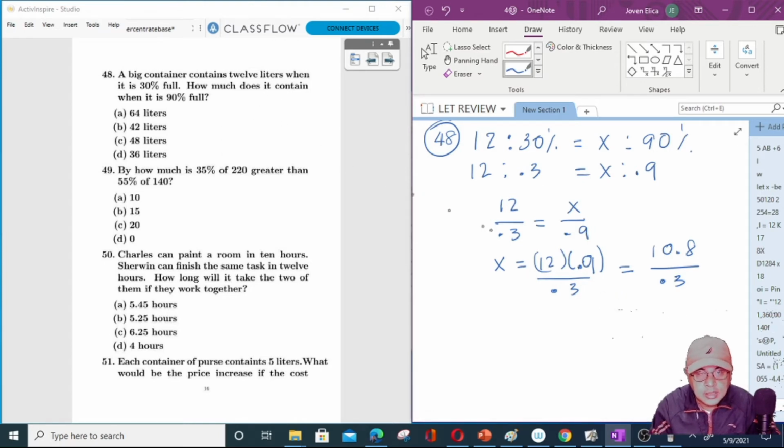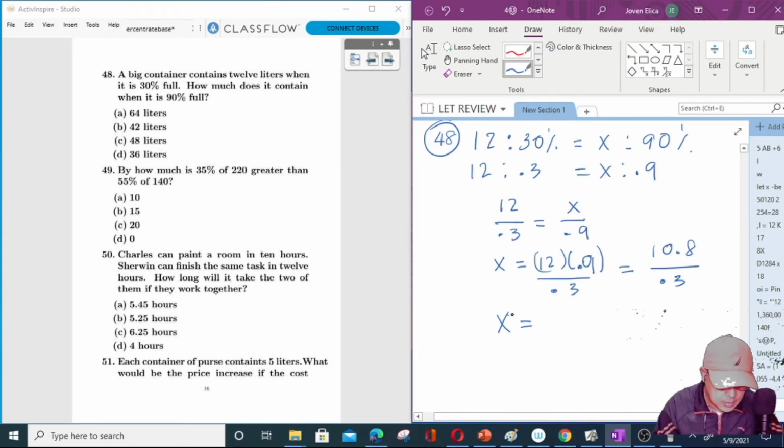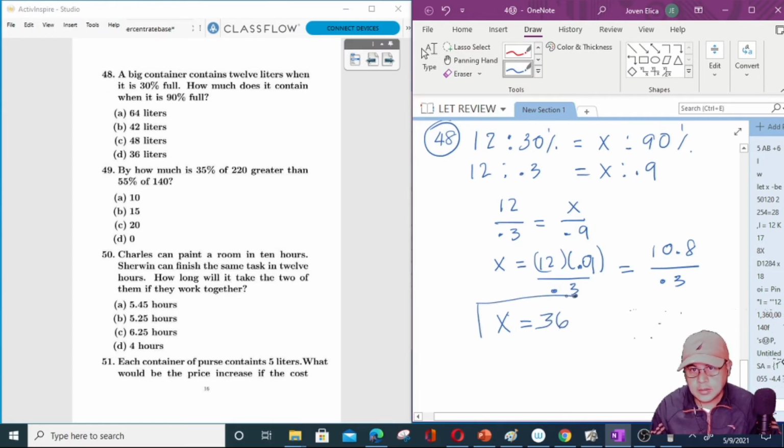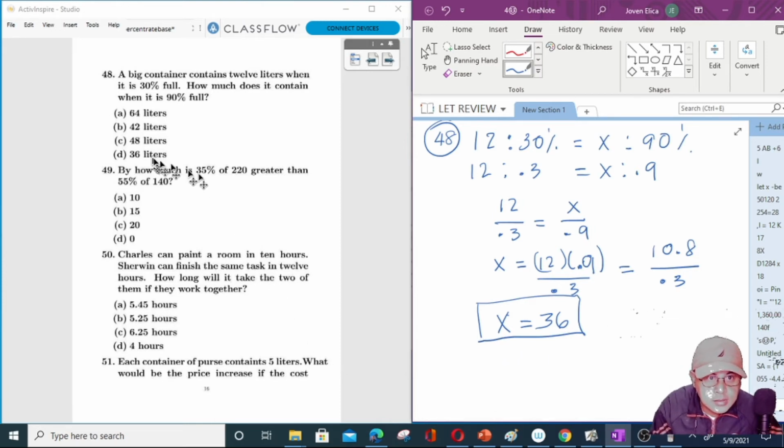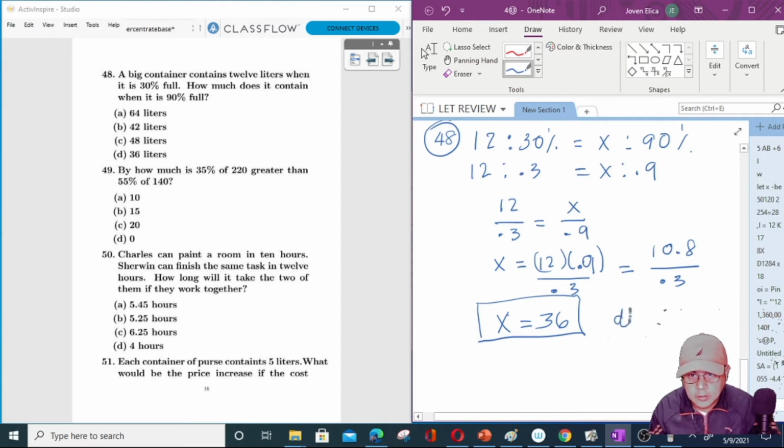We express it as a ratio of two numbers. And therefore, the value of X is 10.8 divided by 0.3 is equal to 36. So 36, letter D.